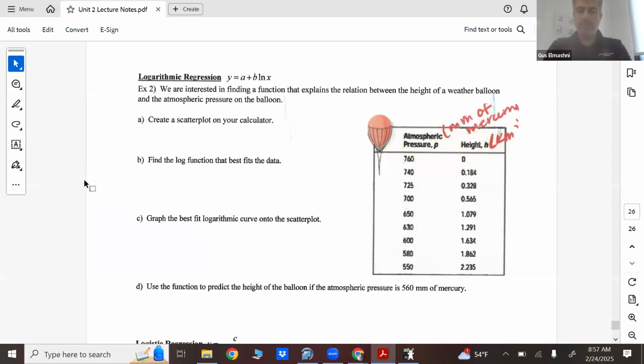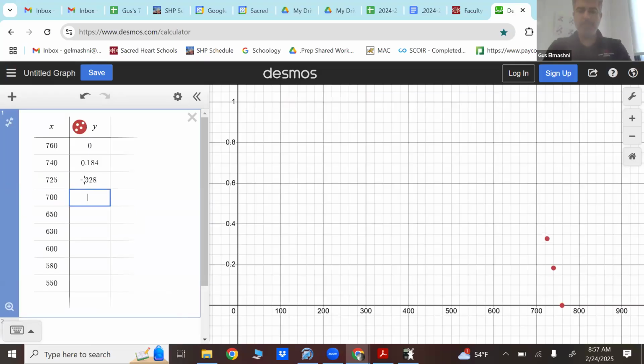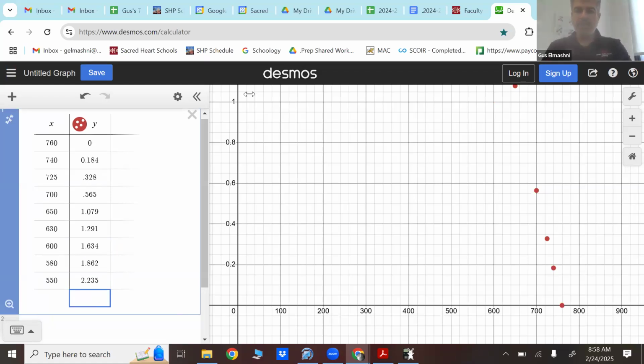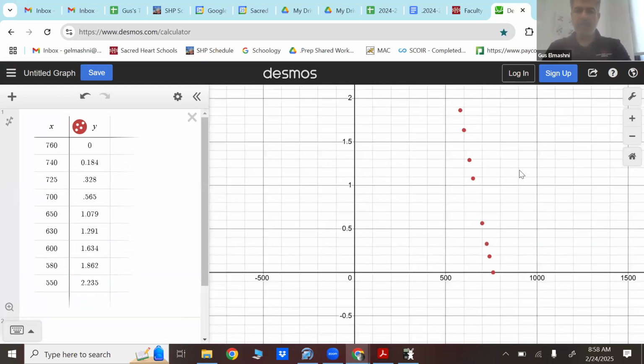And then 0.328, 0.565, 1.079, 1.291, 1.634, 1.862, 2.235. Okay. So I need to zoom out a tad.